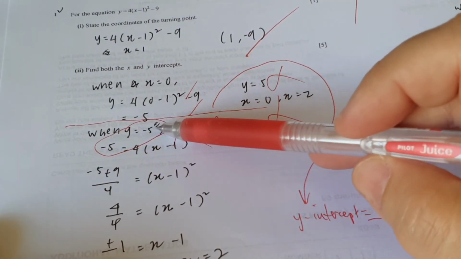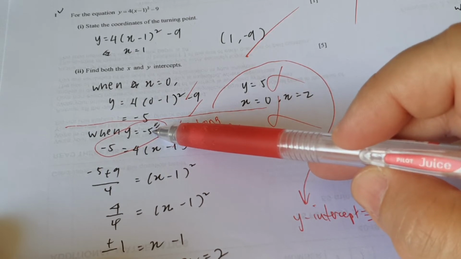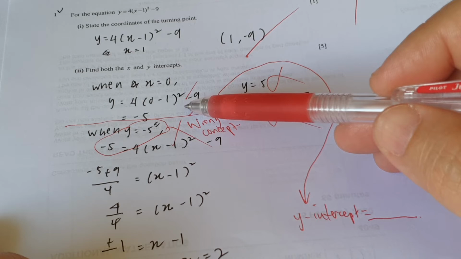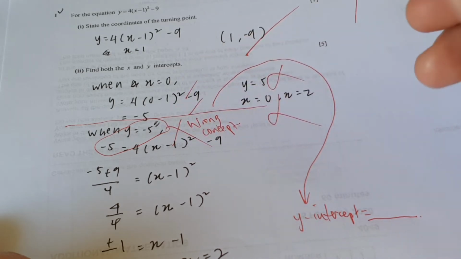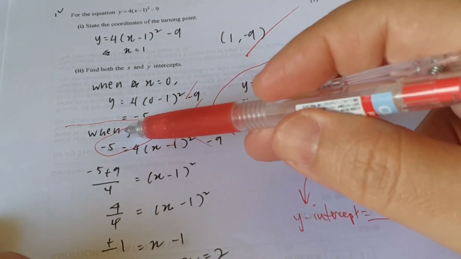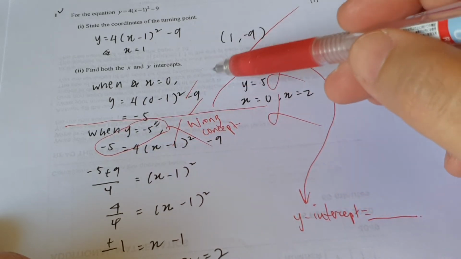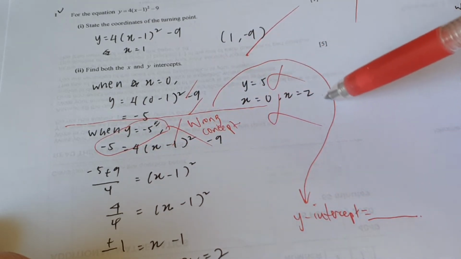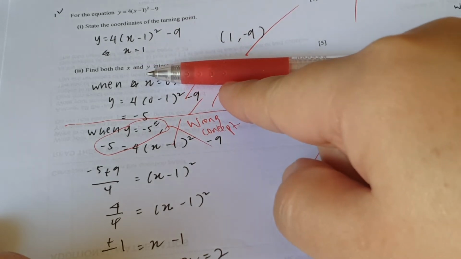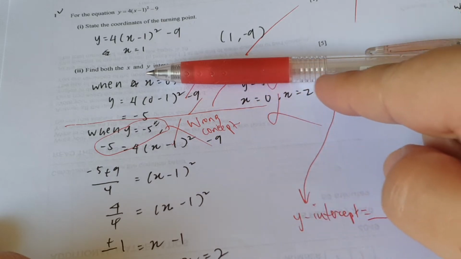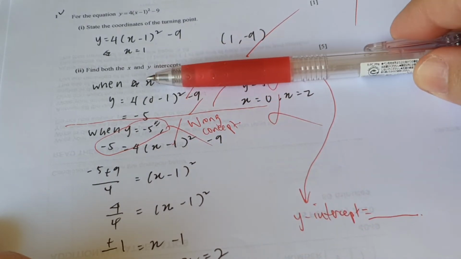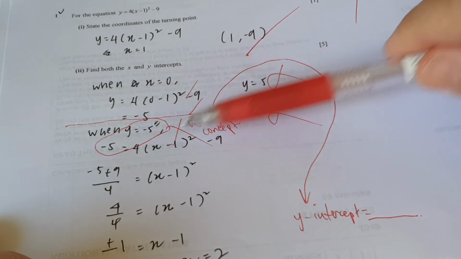You sub when y equals to minus 5, you are finding a different thing already. You're finding where the curve meets the line y equals to minus 5. Let's say this is a curve. You are drawing another line y equals minus 5, then you're trying to find the x values of these two points where this curve intersects this line, for example. Okay, so this is wrong.